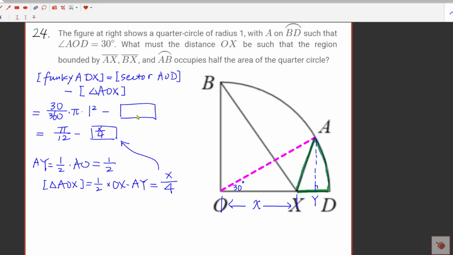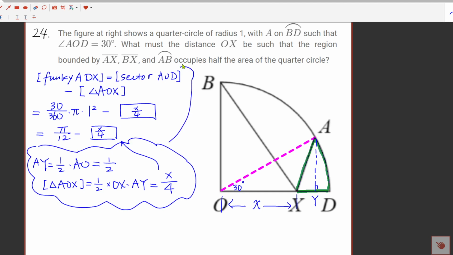That's x over 4, right? So actually we should put it here. Then the funky area ADX equals pi over 12 minus x over 4.